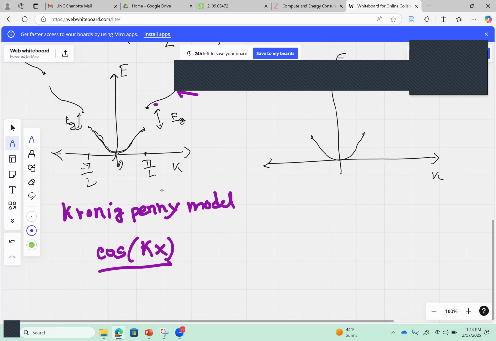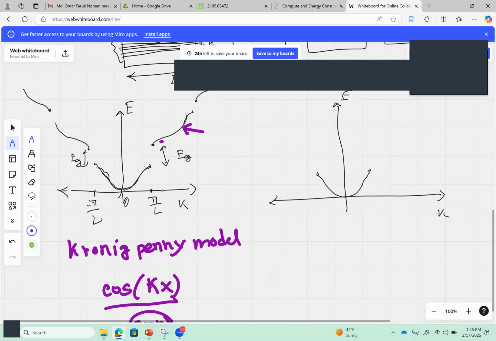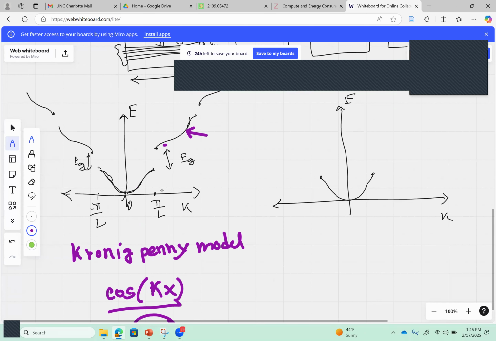Since it is a cosine function, and a cosine function is periodic over a value of 2 pi n, that's the periodicity.